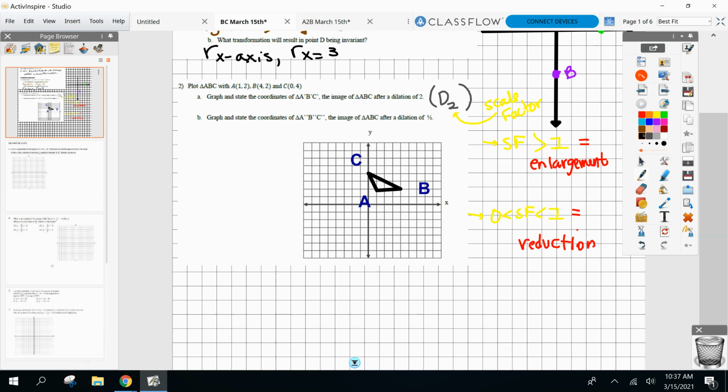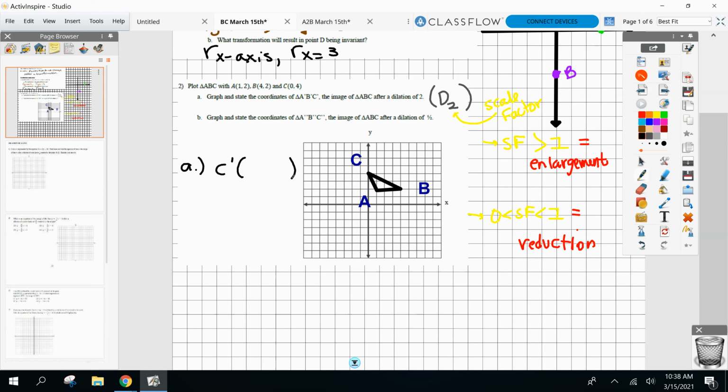And how do I get the coordinates of C prime? Well, this is a dilation. In a dilation, you take your scale factor and multiply the x and the y of every coordinate by the scale factor. So for instance, C was 0, 4. I take 0 and 4 and multiply it by the scale factor, which is 2.